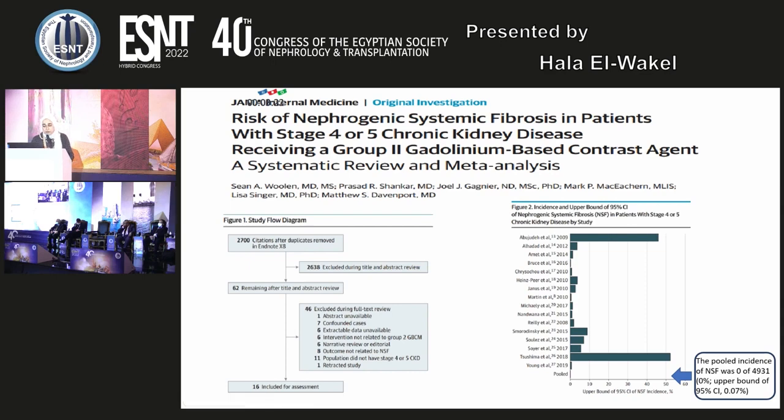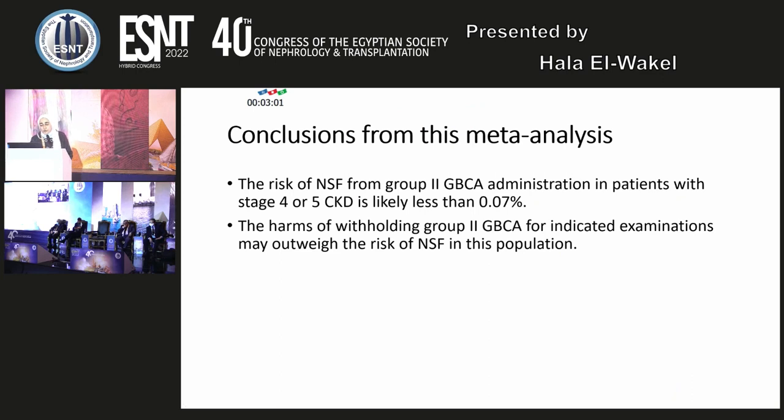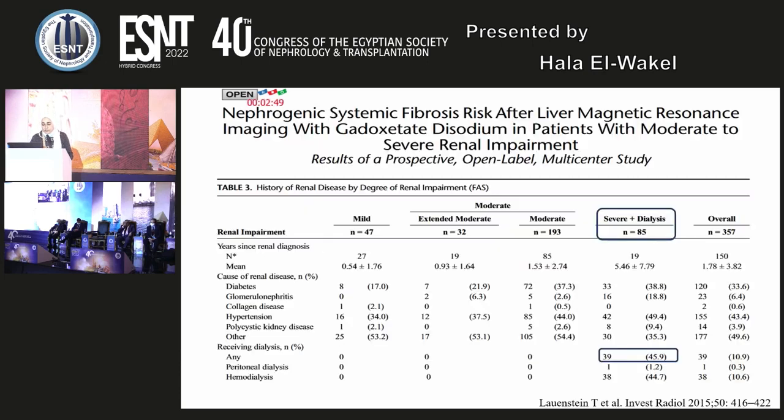This is a mega systematic review and meta-analysis involving all studies that involve the Group 2 gadolinium-based agents, and they found that the pooled incidence of NSF is 0 among the 5,000 cases of their cohort. And they concluded from their study that the risk is less than 0.07, and the harm of withholding the use of Group 2 may outweigh the risk of NSF in this population.